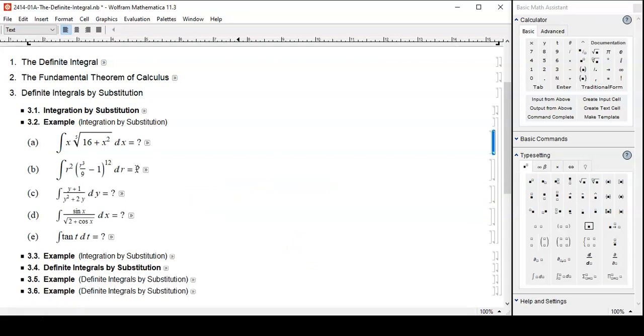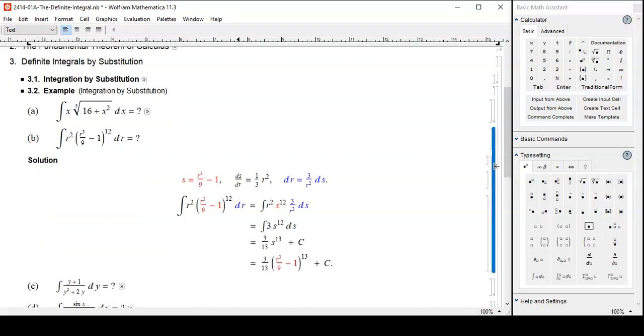Let's do it one more time. I'm going to take y as the inside. Take the derivative and solve for dr, and then plug it over here. Okay, I decided to use the character s instead of y. That's okay. s is the inside. ds/dr is 1/3 r squared, so solve for dr, and we get this. Color coding will help.